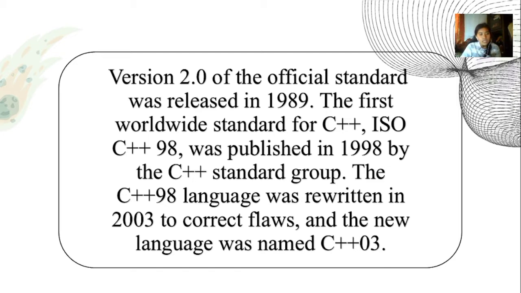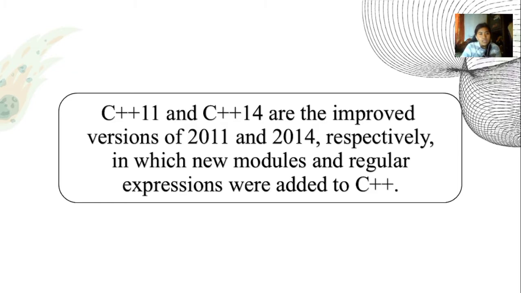The C++98 language was revised in 2003 to correct flaws, and the new language was named C++03. C++11 and C++14 are the improved versions of 2011 and 2014 respectively, in which new modules and regular expressions were added to C++.